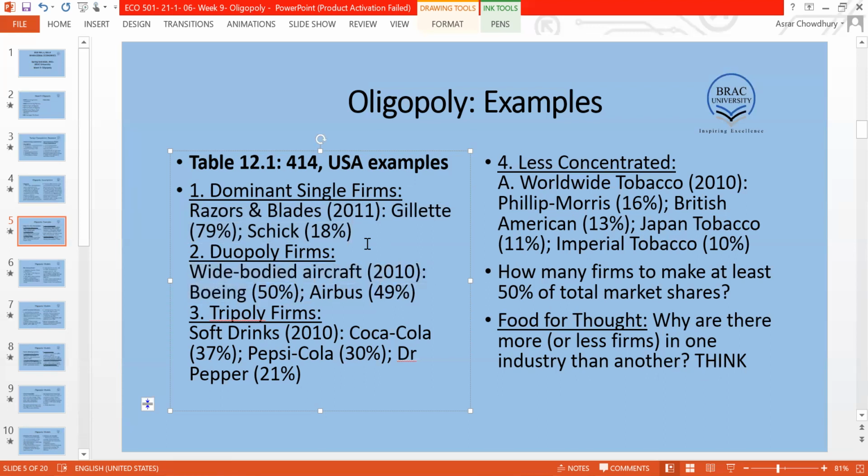Can we construct this data in the context of Bangladesh? Is data available in a particular industry? For example, if I want to know about any industry in Bangladesh whether there are dominating firms, can I get data?